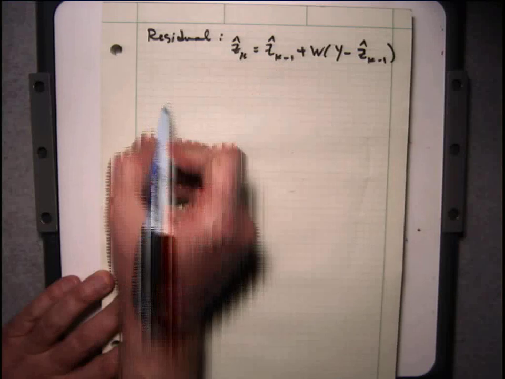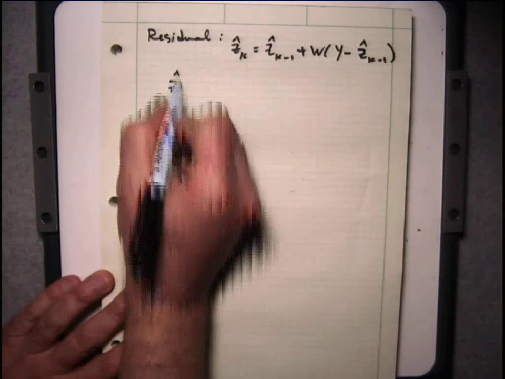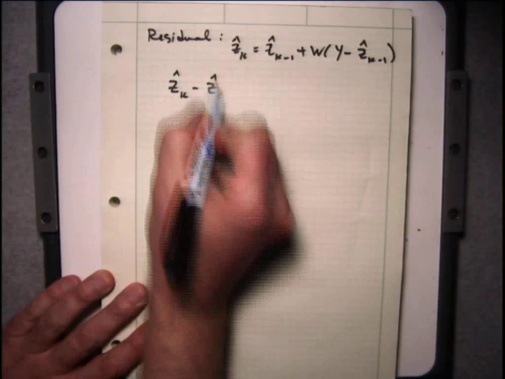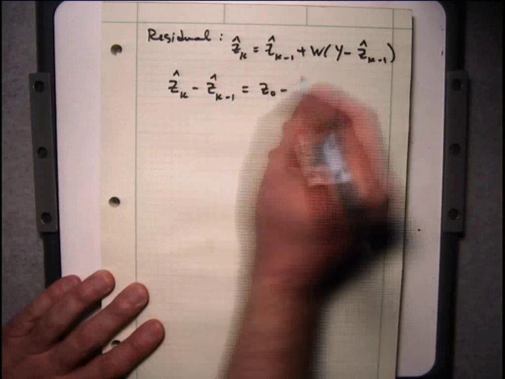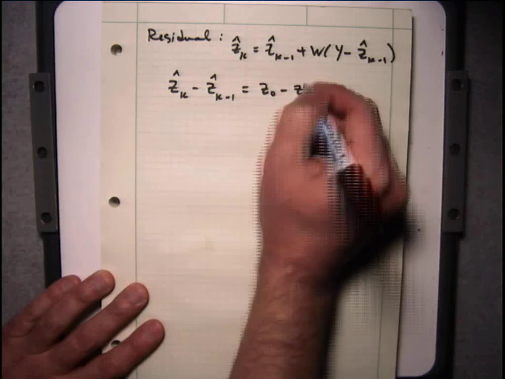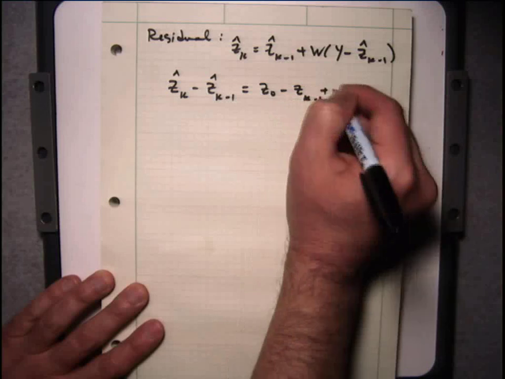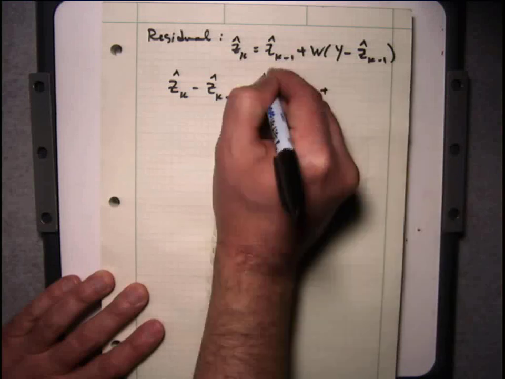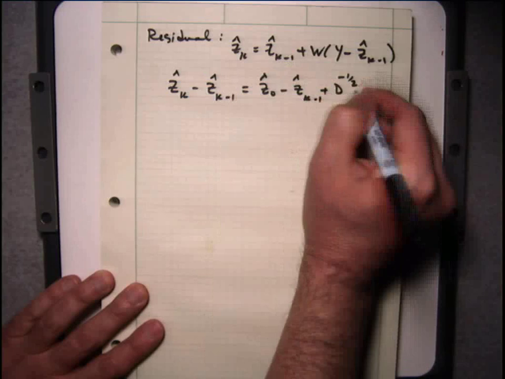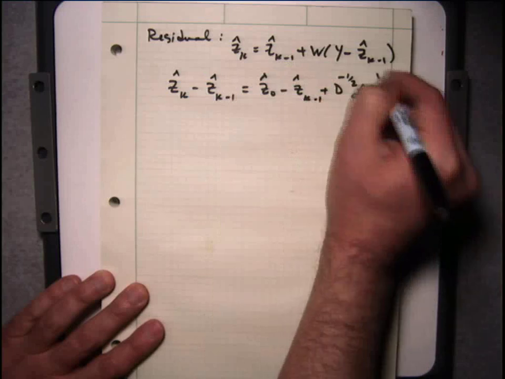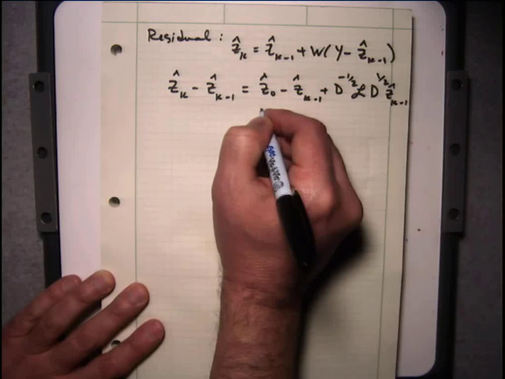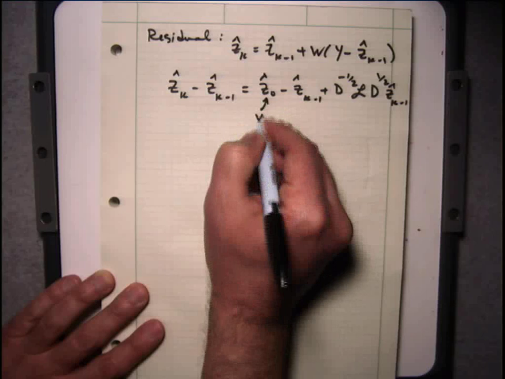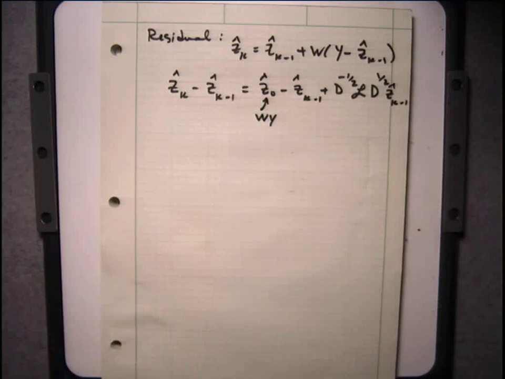And what I get is z hat k minus z hat k minus 1 is equal to z0, I'll tell you what z0 is in a second, minus z k minus 1 plus d to the minus 1/2 Laplacian d to the 1/2 z hat k minus 1. This z0 here is simply w times y.